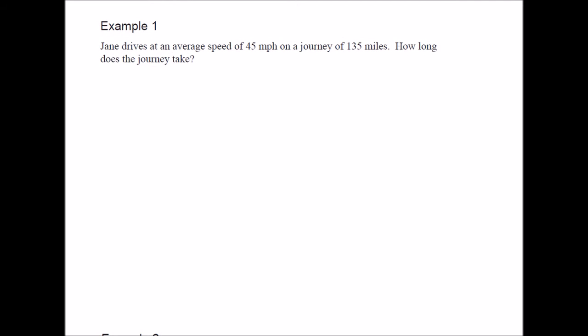So the first one, Jane drives at an average speed of 45 miles per hour on a journey of 135 miles. How long does the journey take? Well, for this question, we should use distance divided by the speed, and that is going to give us the time.